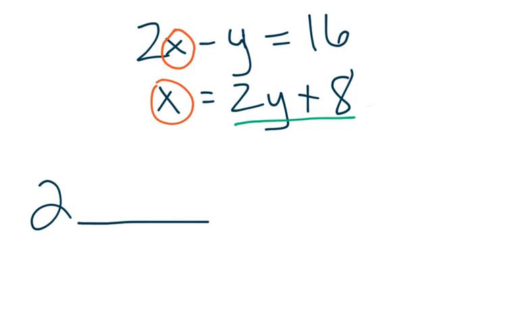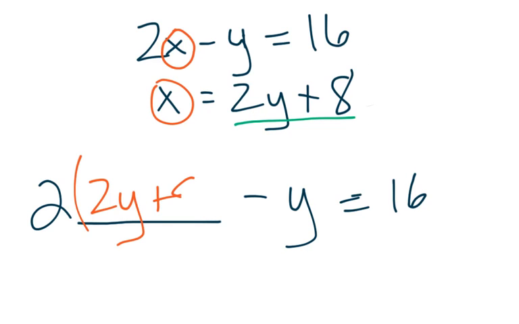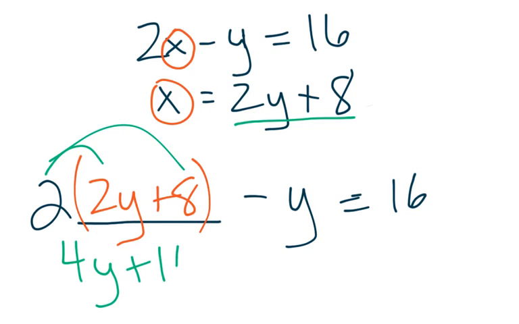So I'm going to leave space. And in that space, I'm going to write 2y plus 8. And then I'm going to distribute. And I get 4y plus 16 minus y equals 16. And I'm noticing something.